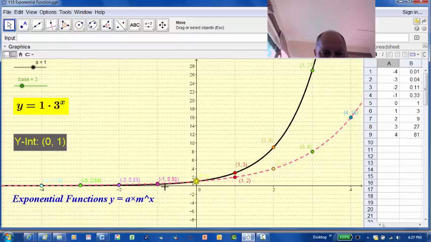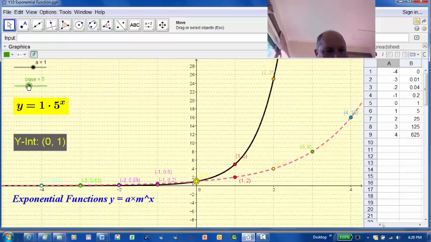What's happened here? On this side of the y-axis the new graph gets steeper, and on this side of the y-axis the graph is flatter than 2 to the x. So as I increase the base, now I'll go to 5 to the power x.